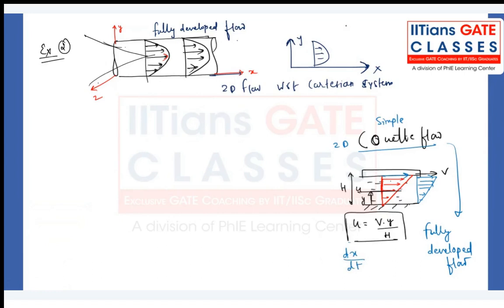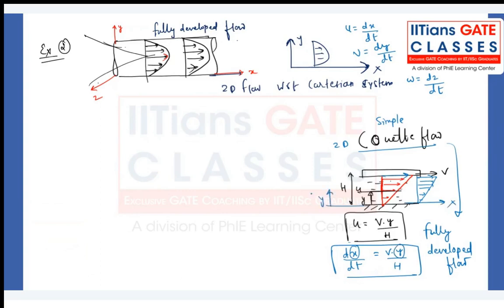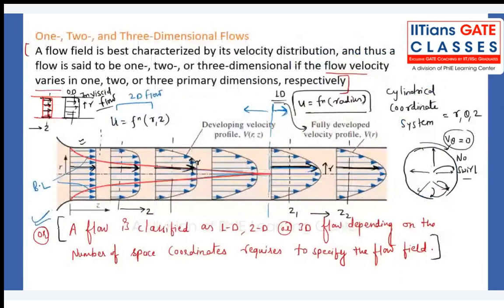In engineering mechanics, you learned the formula or not? u is equal to dx by dt, v is equal to dy by dt, omega is dz by dt. That can be written as V into y by H. So when you solve this mathematical equation, analytically, you are involving x and y both. That's why we say both the coordinates are required to specify the flow field based on the second definition, not based on the variation.